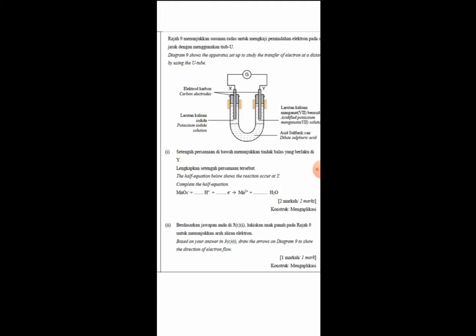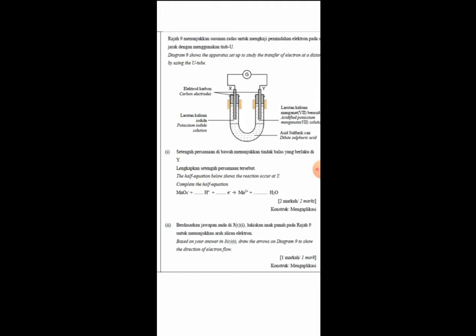So for the right hand side, we have 2 positive charge. For the left hand side, we have MnO4-, which means 1 negative charge, and we have 8 hydrogen ions, which means 8 positive charge. When 8 positive charge are added with 1 negative charge, we will have 7 positive charge.